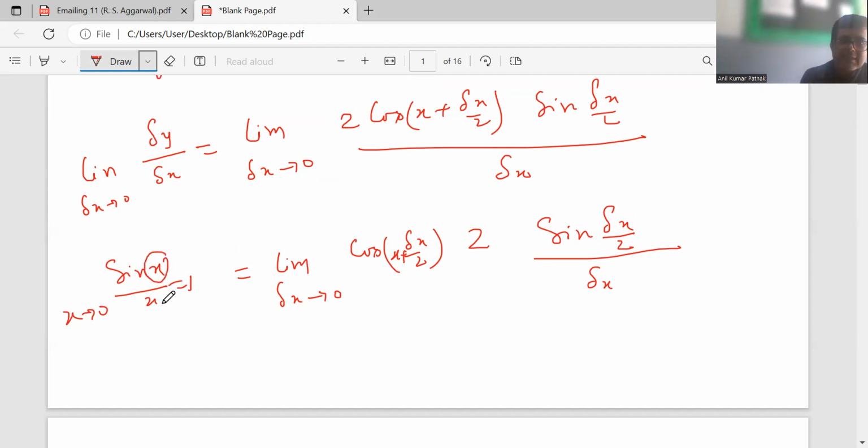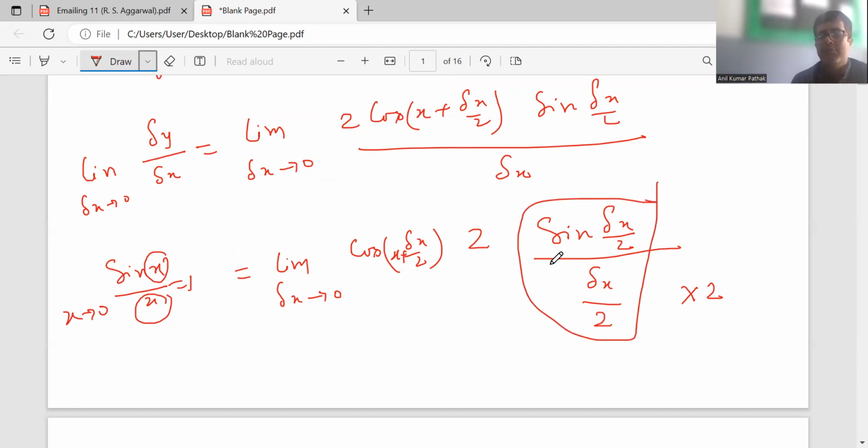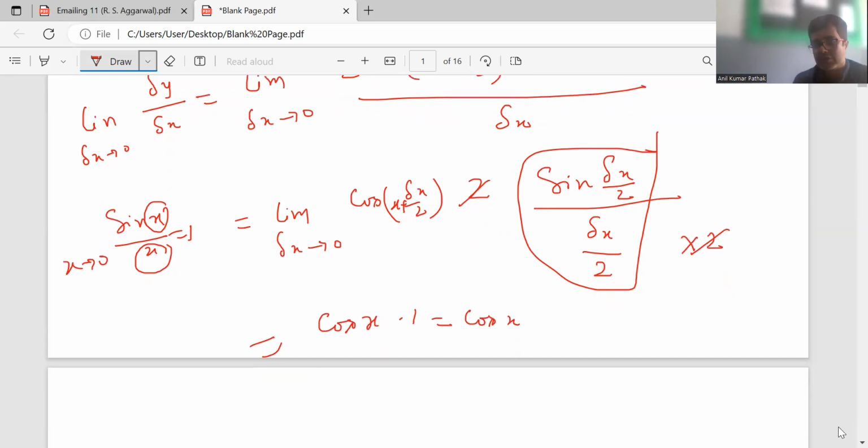So whatever the angle is in radians, that will be in the denominator too. So we make this equal. For making this equal, we divide by 2 and multiply by 2 in the denominator. So now you get one function like that, this value becomes 1, and this 2 will be cancelled. Now we just put the value of delta x. So you will get cos x plus 0. So this becomes cos x into 1, which is equal to cos x only. That is why the differentiation of sin x is cos x.